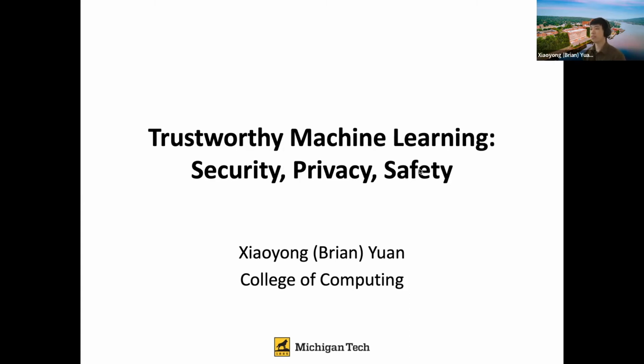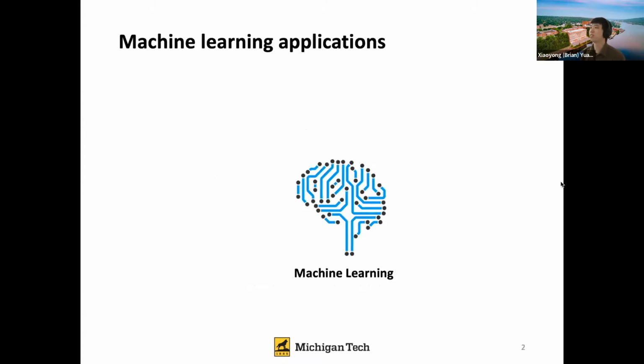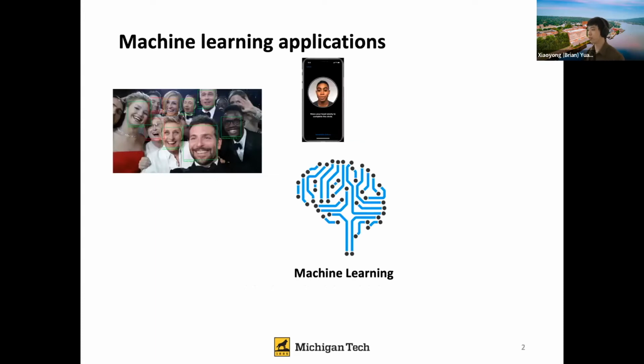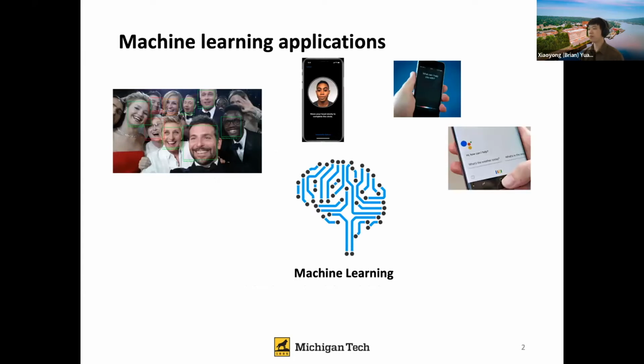However, I think in recent years, we do not need to do this anymore. All the students are very self-motivated. Machine learning is everywhere around us. So I think most of you may already use some machine learning empowered applications. For example, you may use face recognition when you want to take a selfie or unlock your cell phone, right? And you may use personal assistant applications like Siri or Google Assistant to set up daily meetings.